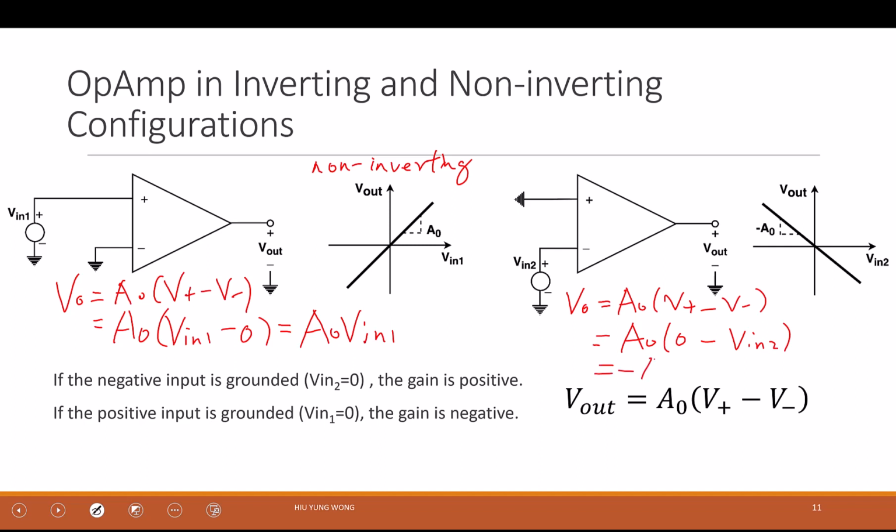So this is negative A0 times V in 2. So it inverts my input, right? So it is an inverting amplifier. So an operational amplifier is very useful. If you bias it correctly, it can invert your signal or just go in the same direction, which you already know, right? Just a review.